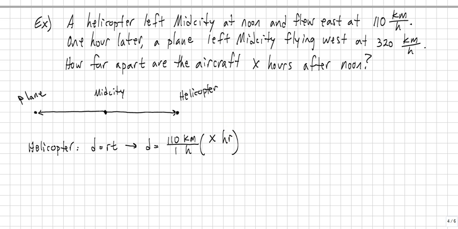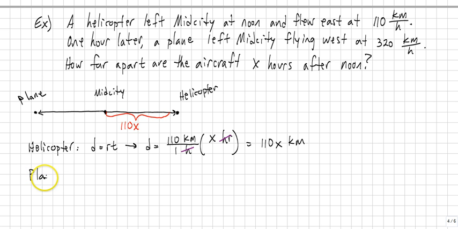And we do a little simplification. So the hours reduce, and we're left with 110x kilometers. So the helicopter has a distance of 110x. That's how far away from mid-city it would be.